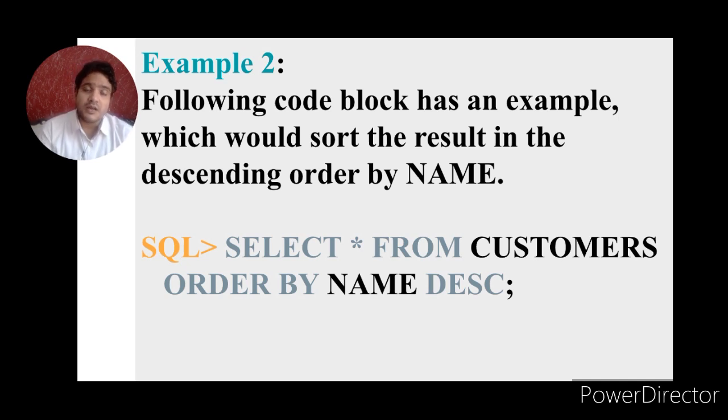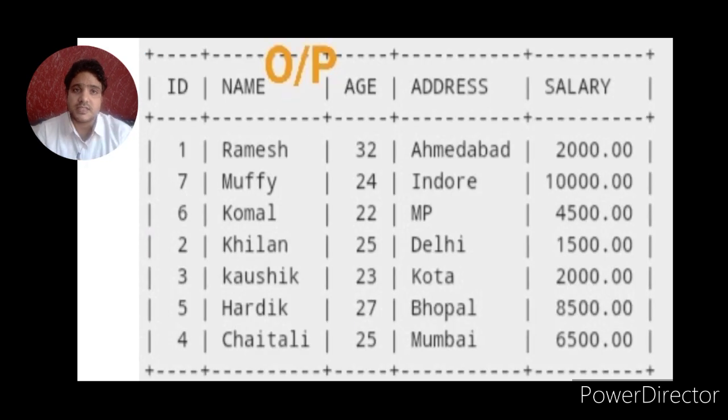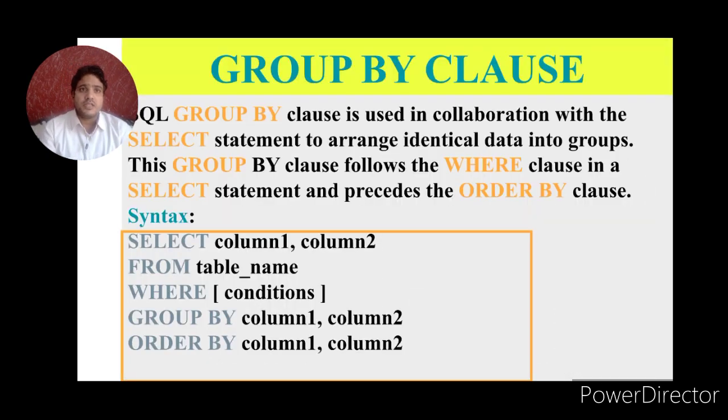It means the names of the customers will be shown in descending order like this, and the values of the other 4 attributes will also change according to the sorting. This is the output.